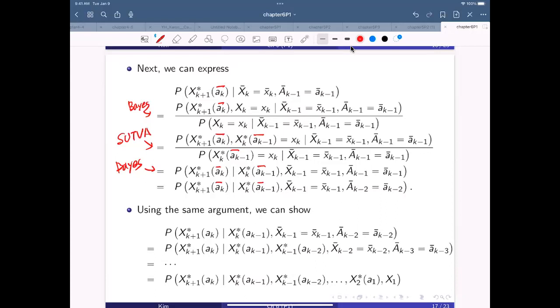I didn't do any cancellation here, so I just obtained this. That means I can basically write this guy. The last one is by sequential ignorability, and also positivity, right?